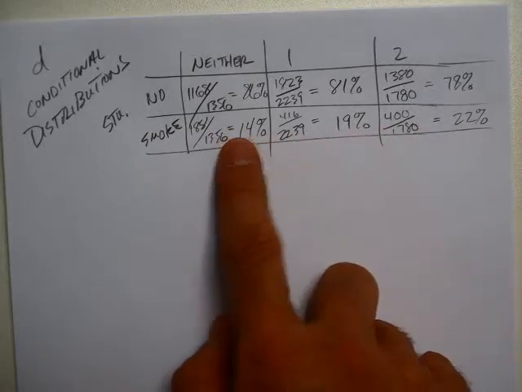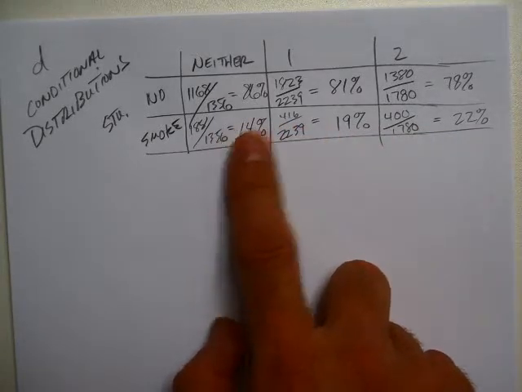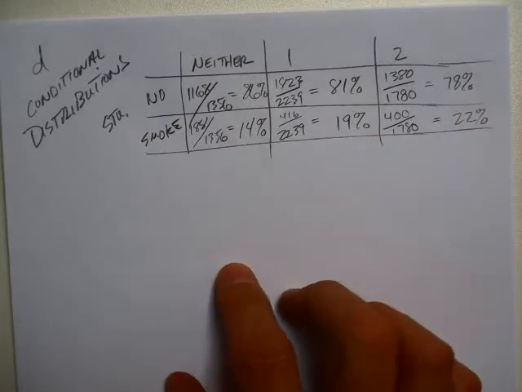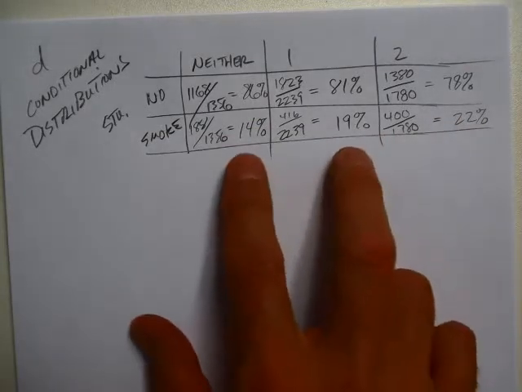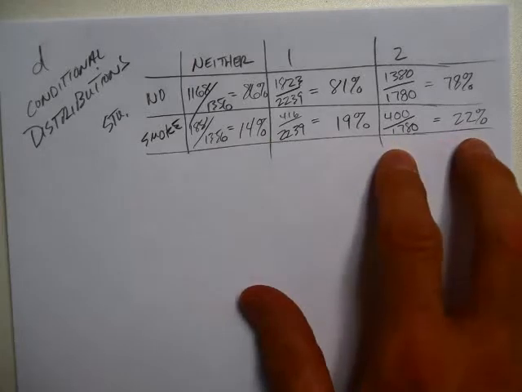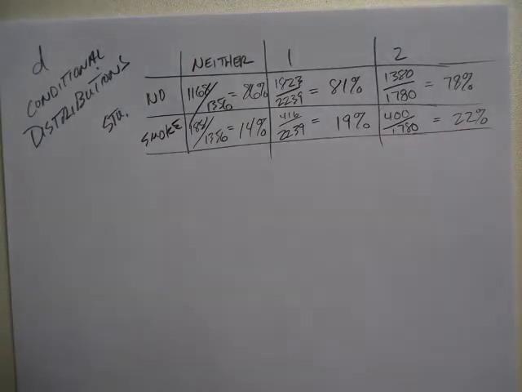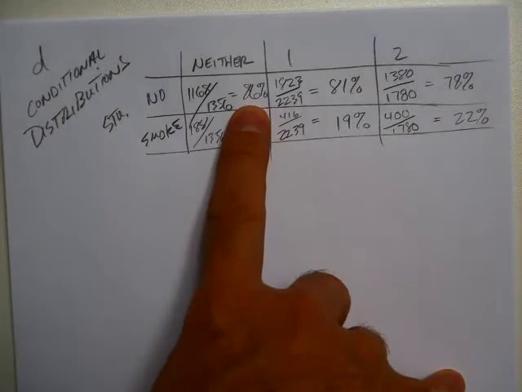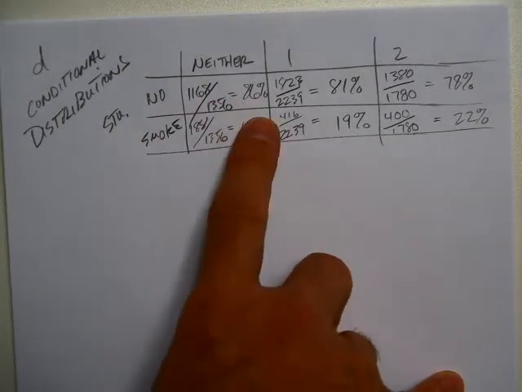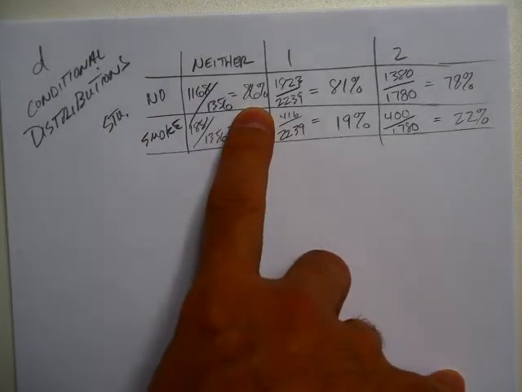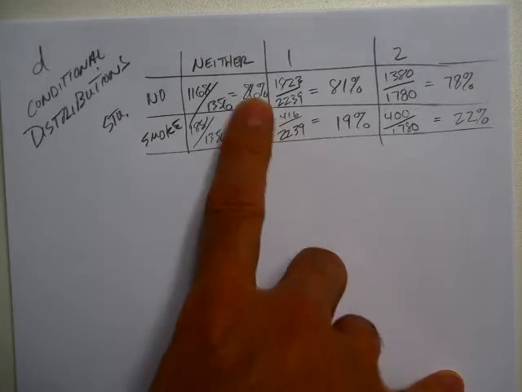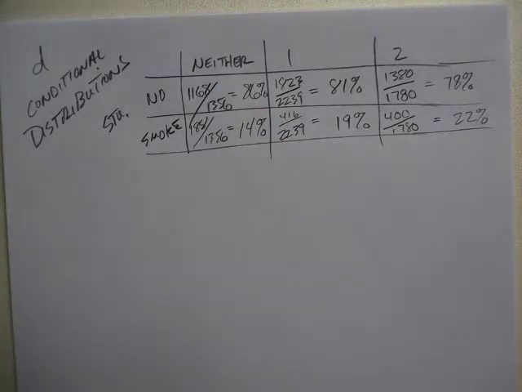So a child is more likely to smoke if their parents smoke. So we go from 14 to 19 to 22%, depending on one or two parents smoking. That would be probably something that I would say, but you could also turn that around and say, if neither parent smokes, then the child is less likely to be a smoker. You could flip it that way too. So we want to analyze that data in some way or another.